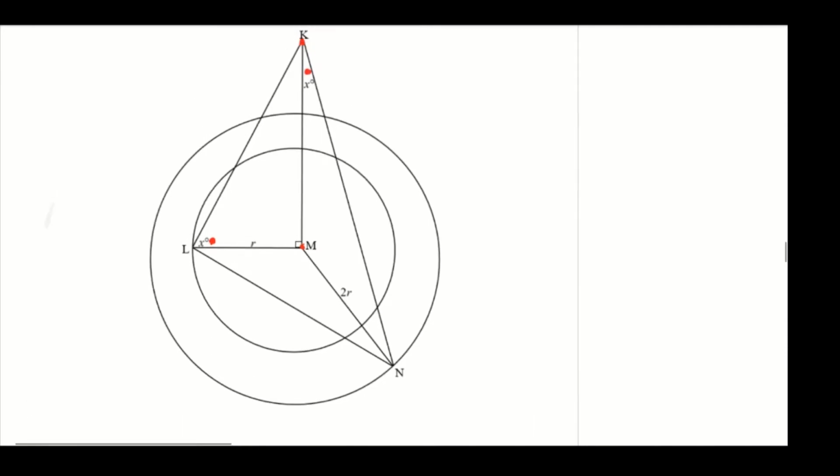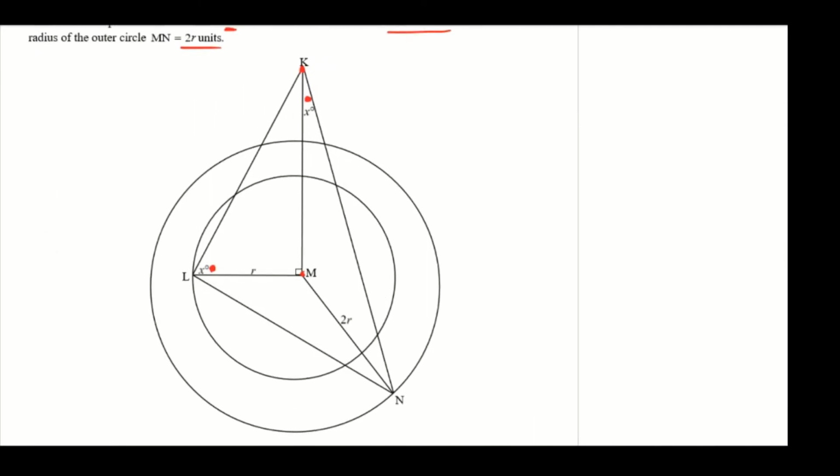So if you take a look at this graph here, and we just look at this triangle that I'm highlighting here, because we want the value of x, the value of x is this angle here of x degrees.